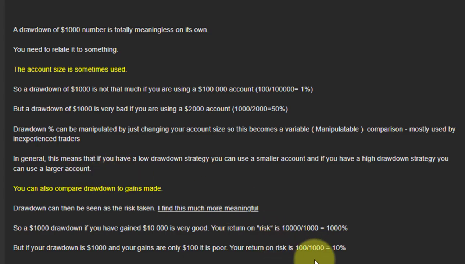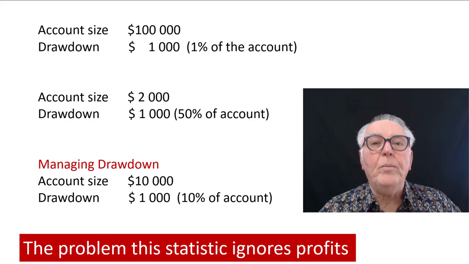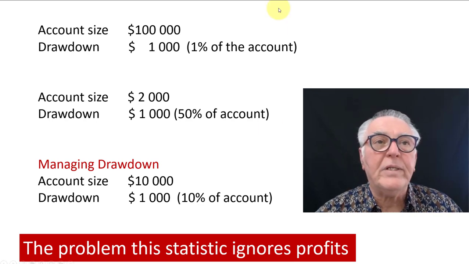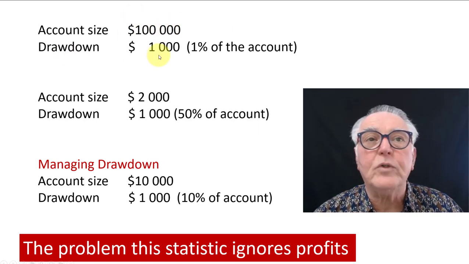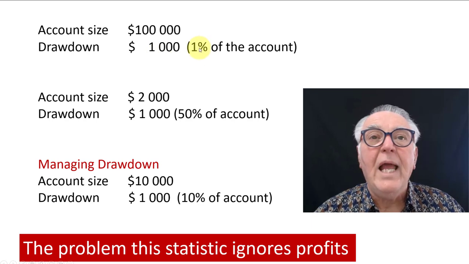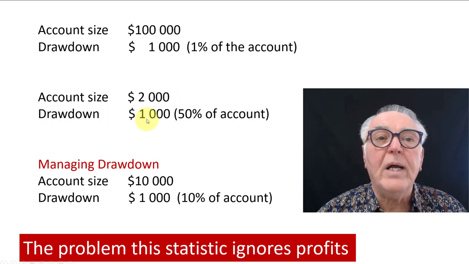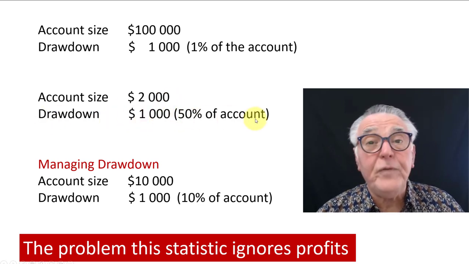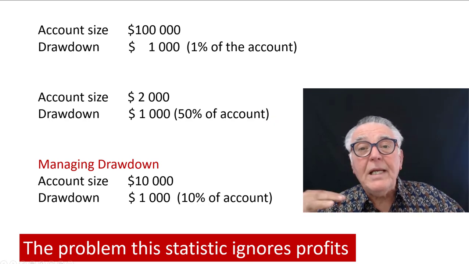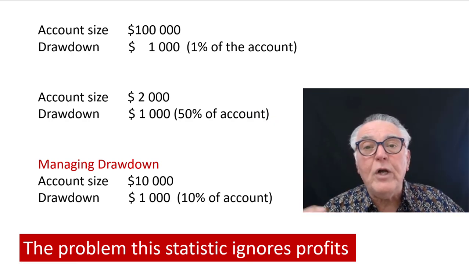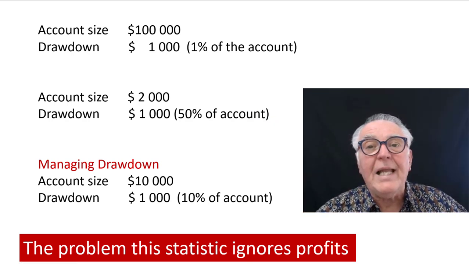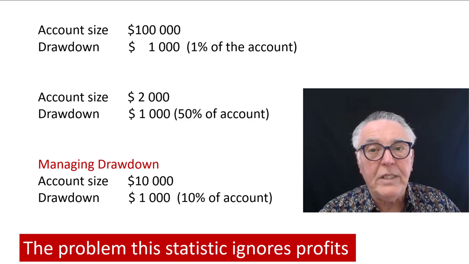In the example I mentioned earlier, you can see an account size of 100,000, the drawdown is 1,000, and therefore it's 1% of the account. The other example was the account size of 2,000 and the drawdown of 1,000, which is 50% of the account. Again, drawdown on its own means nothing unless it's related to the account that you're using.